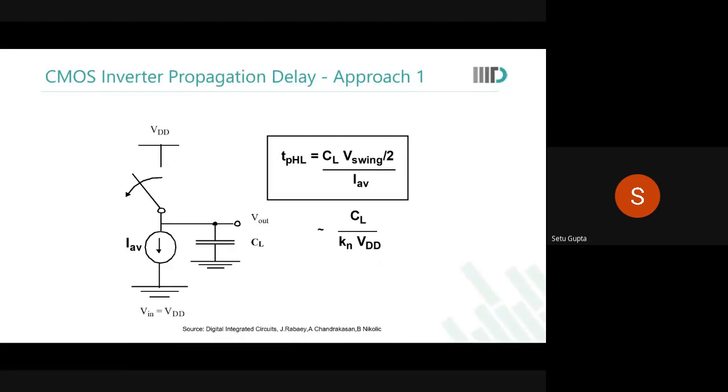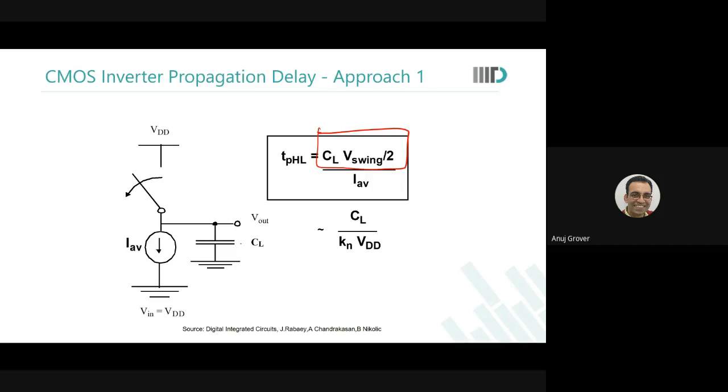As my switch is off, the capacitor would charge via IAV or discharge via IAV. And what I'm measuring is the delay for the output to change, right? Yes. So what is it that you are saying? I want to discharge this kind of charge from the capacitor.